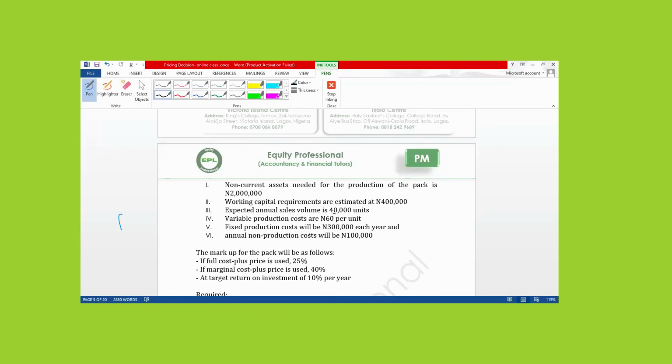Now, marginal cost plus: you only pick your variable cost, 60 naira per unit. In addition to variable cost, a certain percentage markup. The examiner says if marginal cost plus price is used, your markup is 40%.